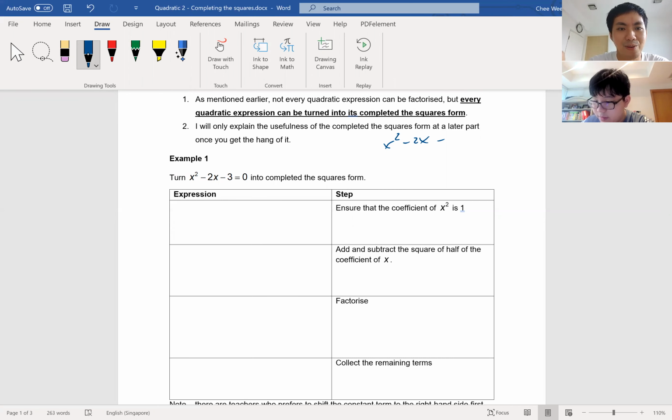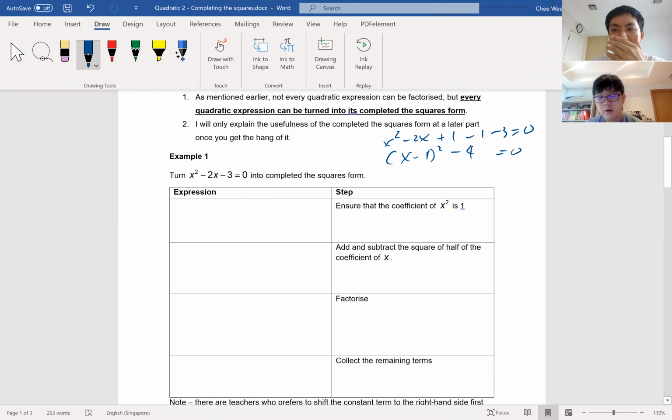Actually, it's not plus 4, it's plus 1. Oh yeah, it's plus 1, sorry. Plus 1 minus 1. So then it would become x minus 1 squared, and then we take out the minus 1, and then minus 4 is equal to 0. So x minus 1 squared minus 4 is equal to 0. So he actually won't bother to shift the minus 3 to the right hand side? No, he didn't. So you're okay with this presentation, right?